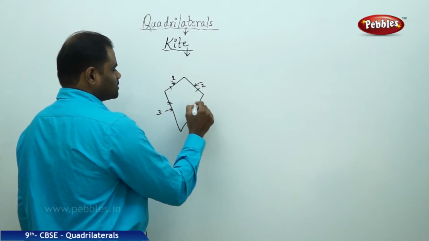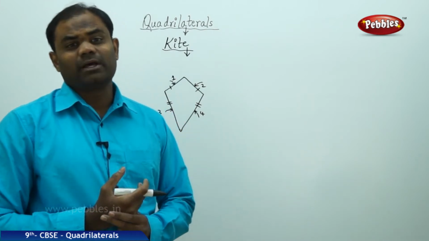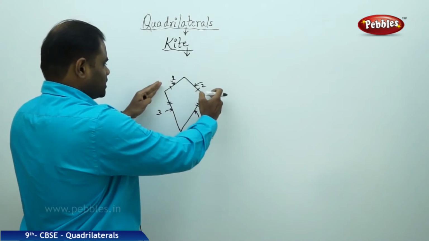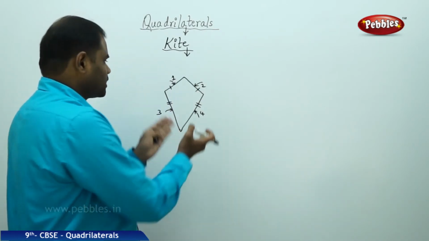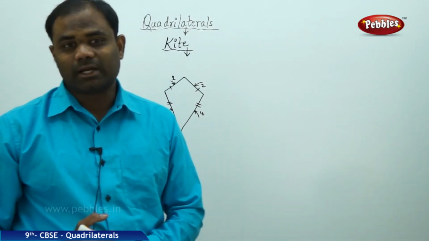Such a closed figure formed by joining four straight lines, such that two equal straight lines are joined this way and the other two straight lines which are equal in length are joined this way, is called a kite.